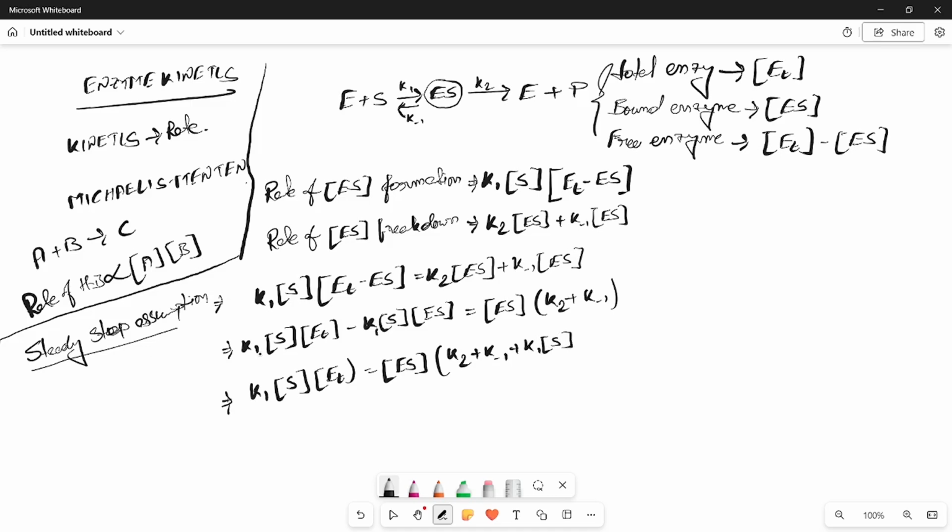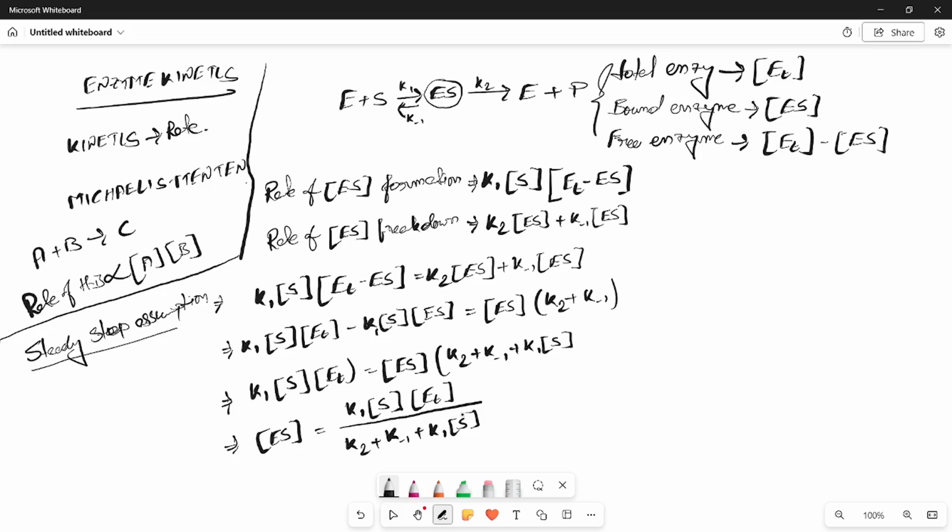Then after this, let's consider this fragment ES equals what? K1 S total enzyme by K2 plus K minus 1 plus K1 S.